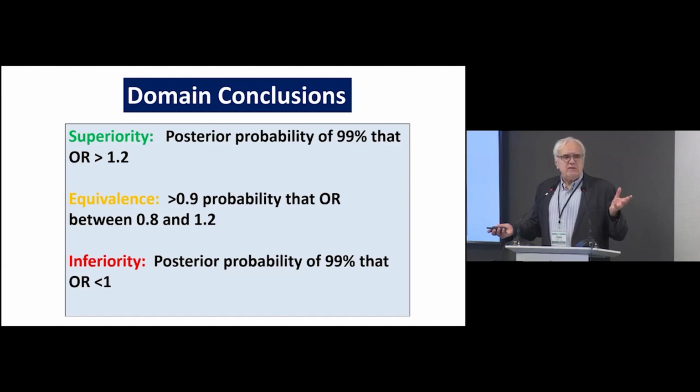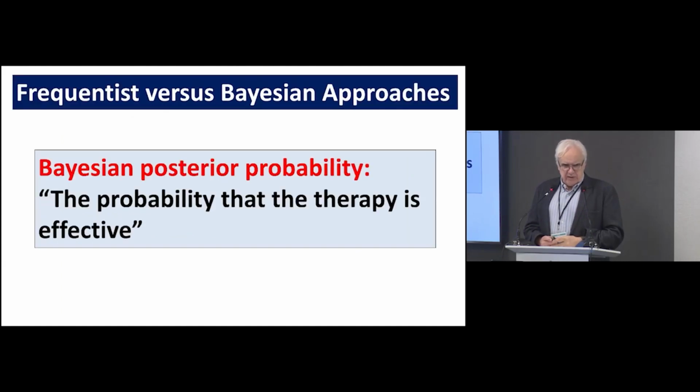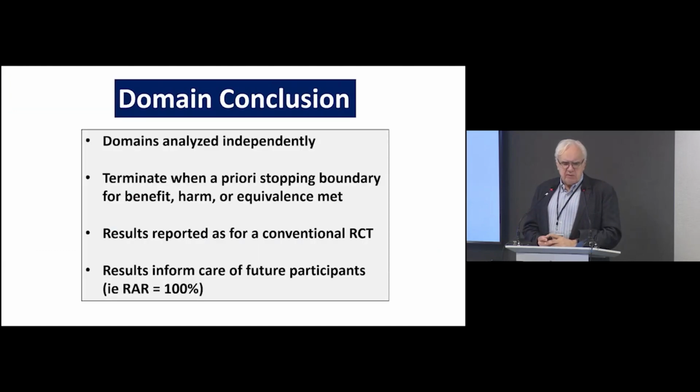So this isn't specifying a sample size. We're simply running the trial until we cross one of those stopping boundaries, and at that point, we conclude that domain. What this is saying in a Bayesian framework is we're looking at the probability after the trial has been done that the therapy is effective, which to me is a much more intuitively attractive approach to thinking about outcomes.